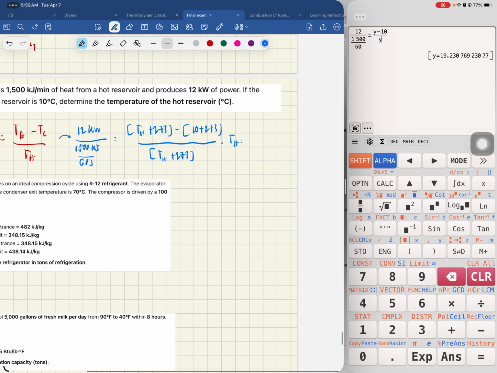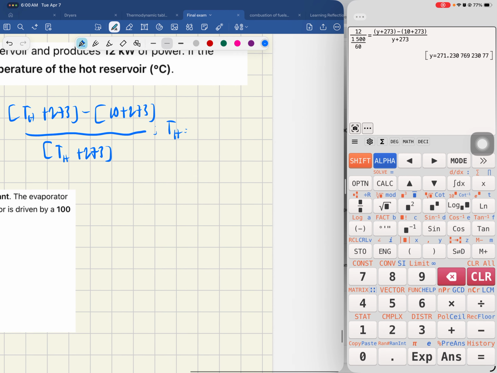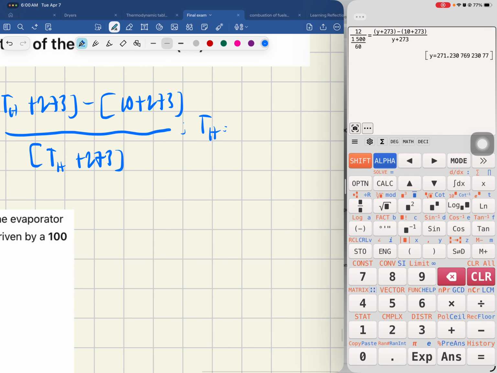TH is what? But that cancels out anyway, it doesn't really matter. Still going to be the same answer, since TH will be 271.23 degrees Celsius.